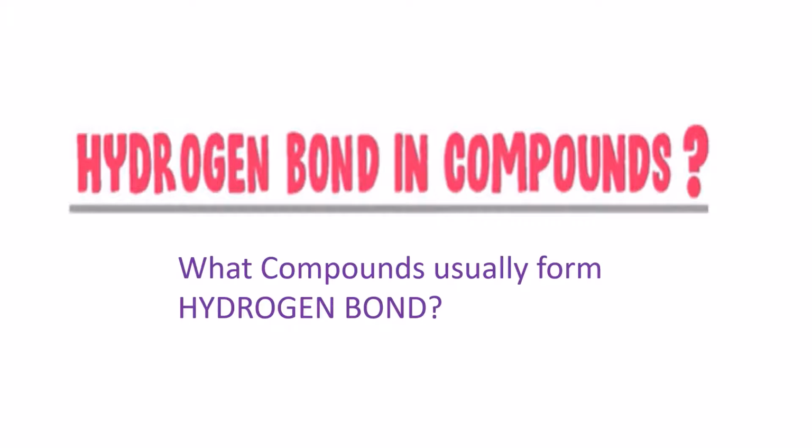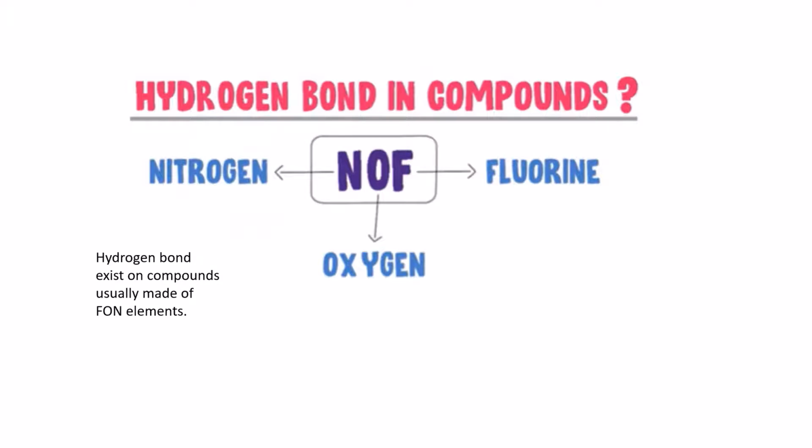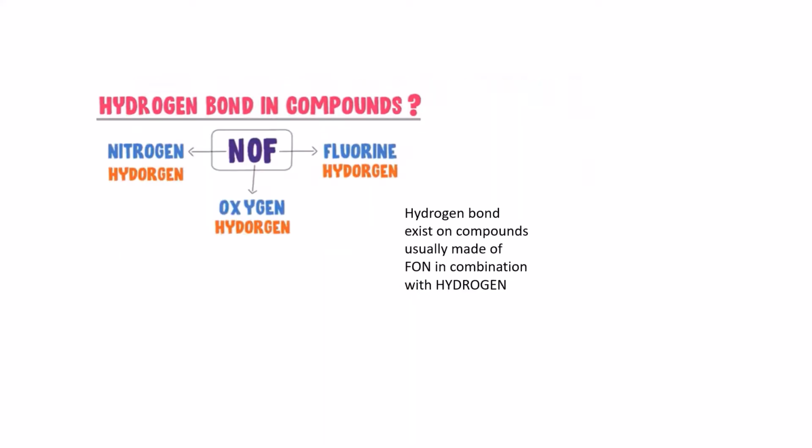What compounds usually form hydrogen bond? Hydrogen bond exists on compounds usually made of fluorine, oxygen, and nitrogen in combination with hydrogen.